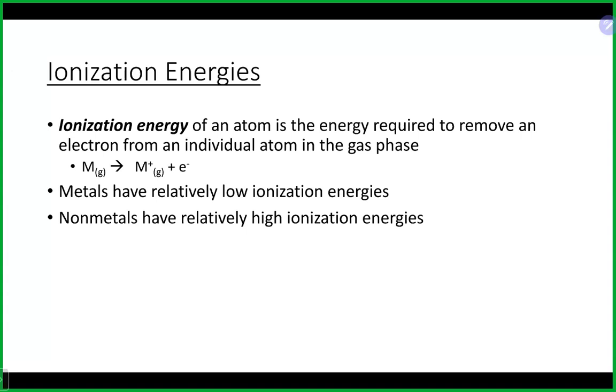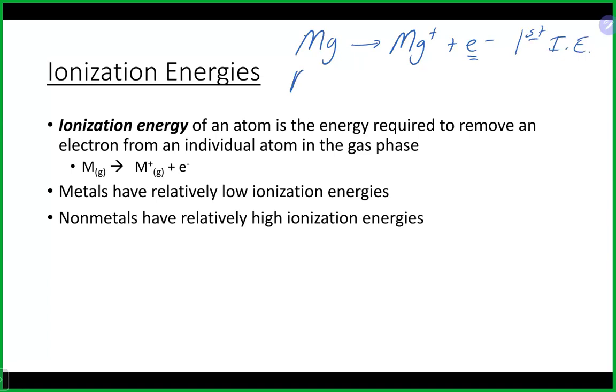For example, if you took something like magnesium, the very first thing that would happen is magnesium would lose one electron and it would be given off. And the electron would be on the product side here, like it's being lost. In order to do that, that is what is sometimes referred to as the first ionization energy. So the first ionization energy is the energy to remove, for example, your first electron in magnesium.